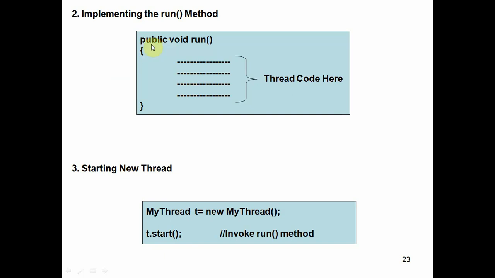Within this class we write a run method, and in that run method we write the code for that particular thread. After that we create the object for the created thread class, MyThread t equal to new MyThread. Then we need to make the thread ready to enter the CPU. For that purpose we call the method start, t.start. This method automatically calls the run method.